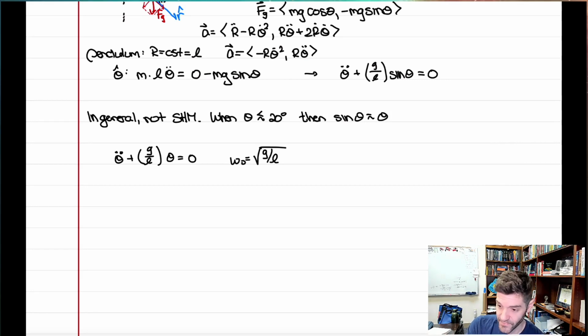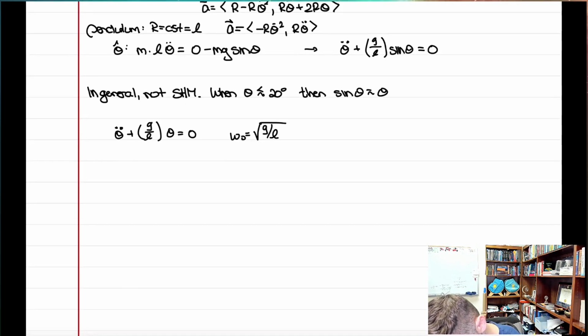No k's or m's really. Makes sense, there's no springs, so I don't know why a k should ever appear. But there's now a g and an L, and that defines what we called omega naught. And I should be able to write theta as a function of time as a cosine of omega naught times t plus phi.